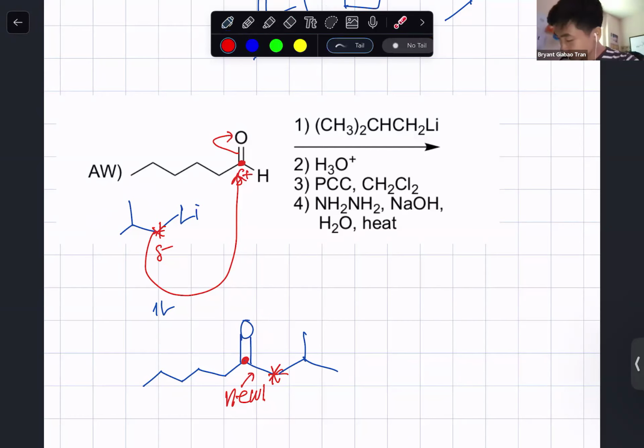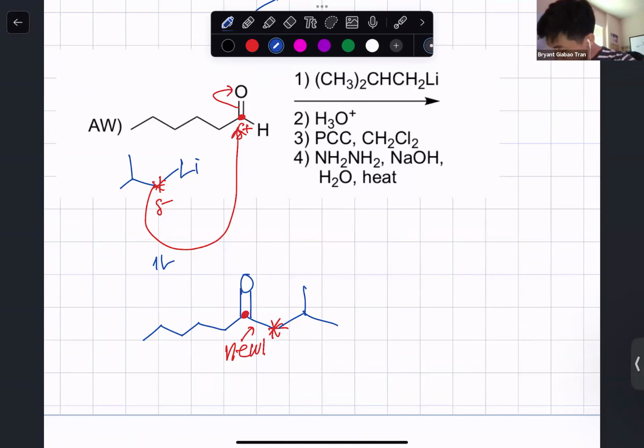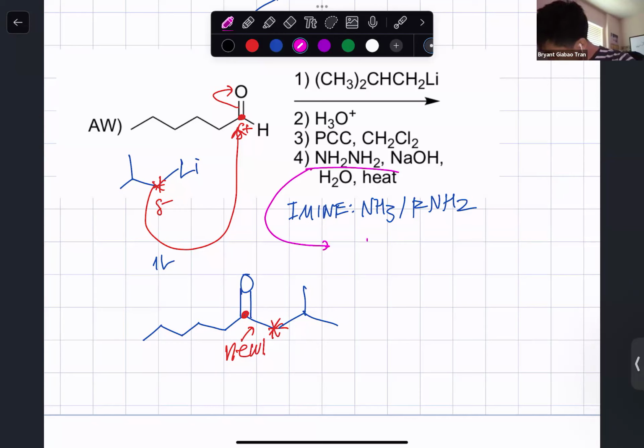And now this is the new material here, where we have NH2NH2, NaOH, water and heat. That is going to make an imine, right? Because an imine formation is going to come from either ammonia or some primary amine, NH2R. The tricky step here is this primary amine, right? The R group, you could think of that as another NH2 group, right?